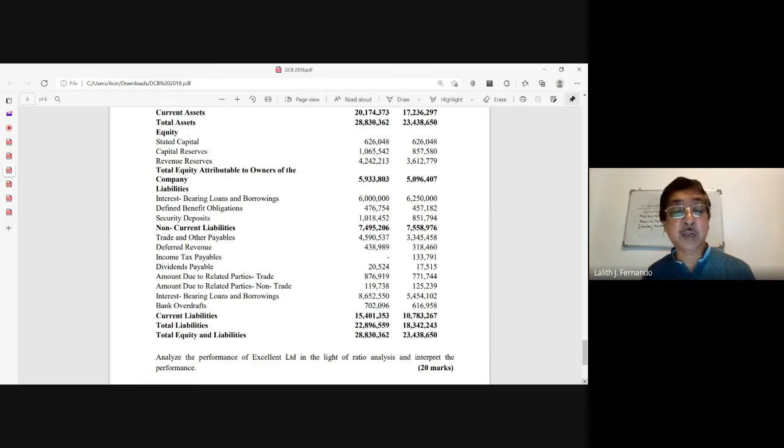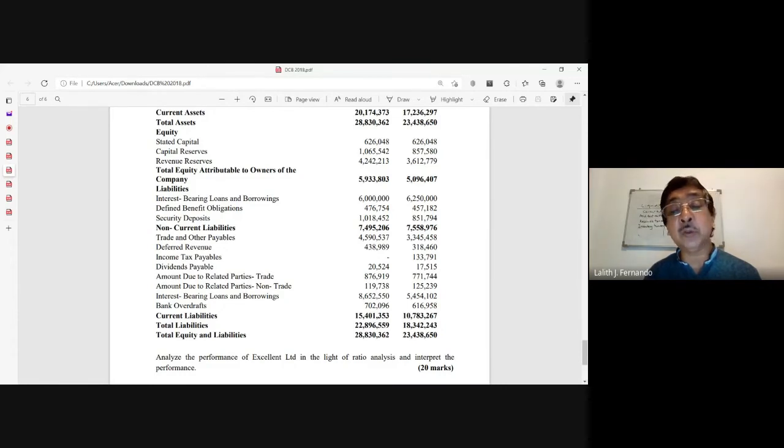That shows the liquidity has come down, marginally, not that marginal, from 1.6 to 1.3, but you can say it's an adverse type of thing where the liquidity has come down. Right. Now this is only one ratio.